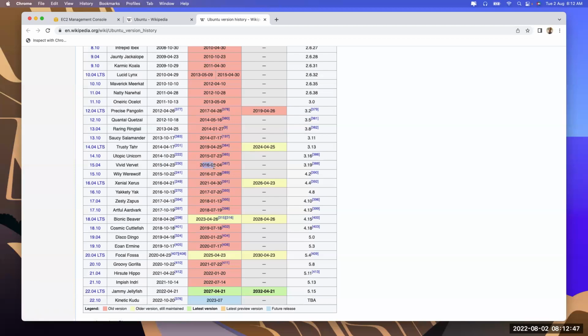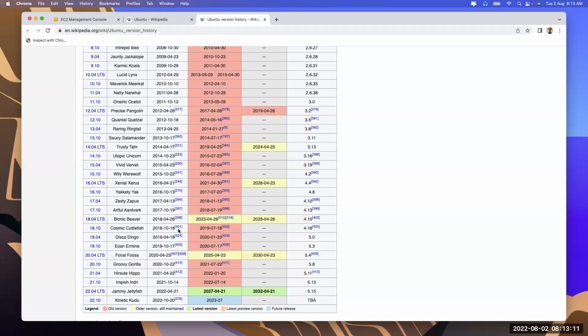Similarly, 1510 came in October 2015, stopped in July 2016 itself. So anything that is not LTS will have very short support, which generally means it doesn't have the updates.